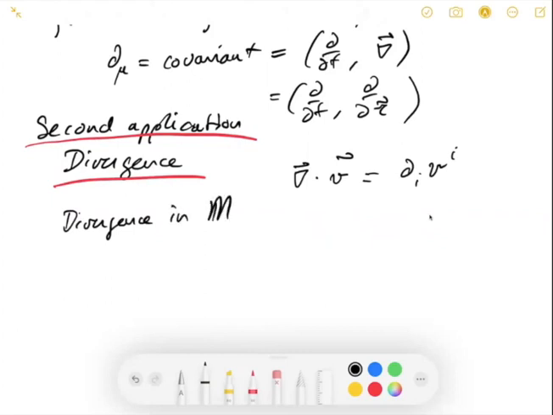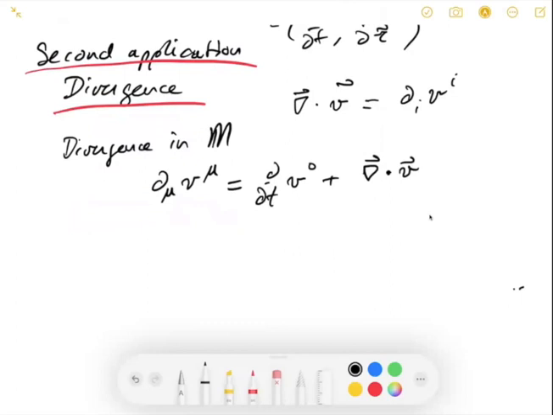Well, if we have del mu V mu, that will be d/dt of V0 plus the regular divergence. So it's a generalization of the divergence.